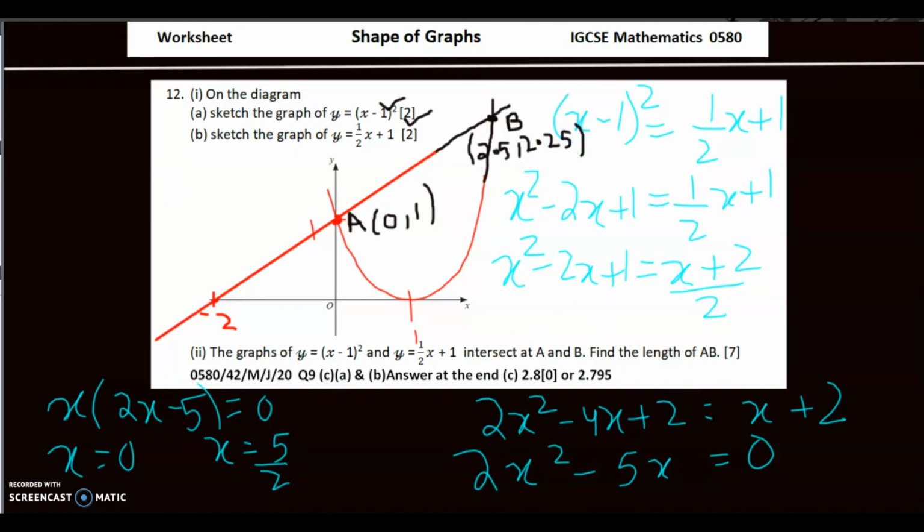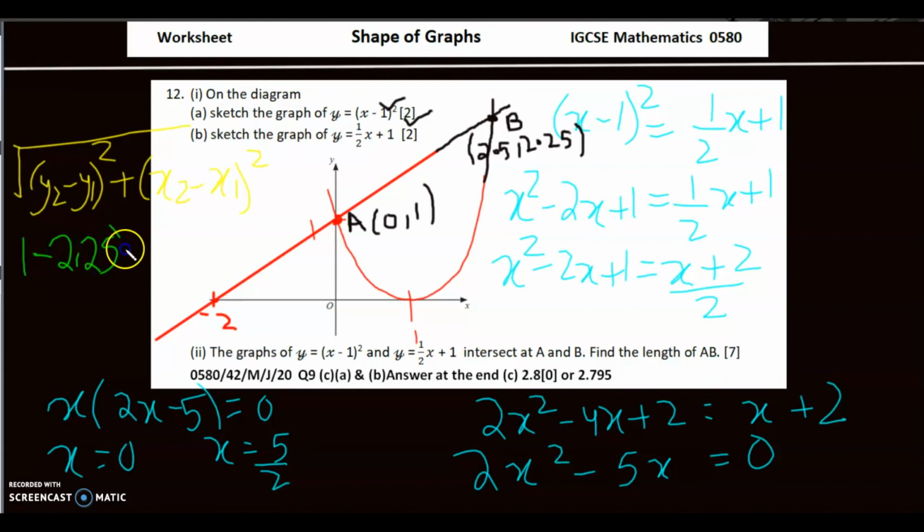Now we have to find the length of AB. So that means we're using coordinate geometry, and we'll use the formula square root of (y2 minus y1) whole squared plus (x2 minus x1) whole squared. I'm going to change the marker, it's not very visible. So I'll do (1 minus 2.25) whole squared plus (0 minus 2.5) whole squared, and then whole under root.